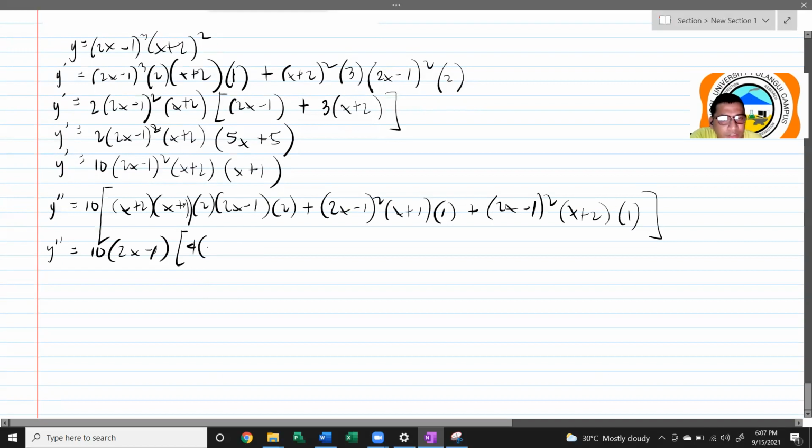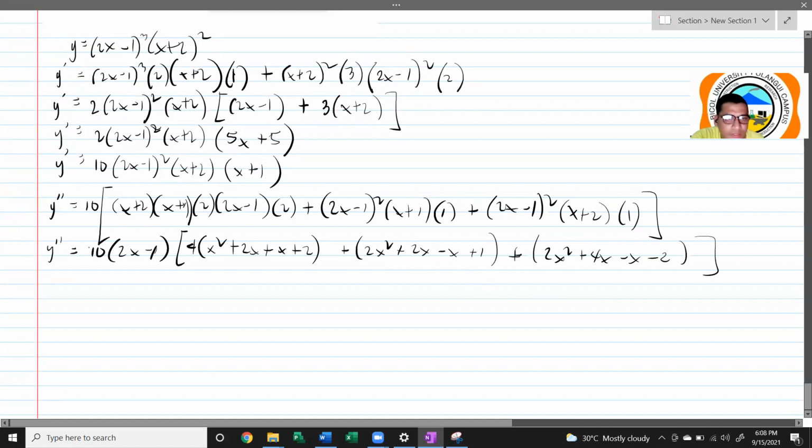So we have x squared plus 2x plus x plus 2. Then we have plus 2x squared plus 2x minus x plus 1. And also we factor out one 2x minus 1, so we have 2x squared also plus 4x minus x minus 2.